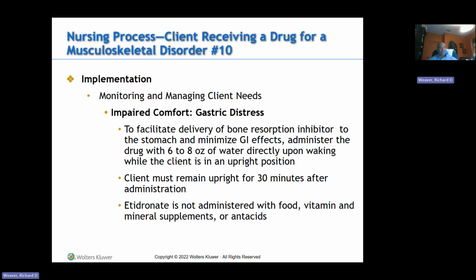So not lying down, but sitting up. Nobody should be eating or taking anything lying down, right? And these clients should remain upright for 30 minutes. This is testable material, folks. Etidronate is not administered with food, vitamin and mineral supplements, or antacids. So it should not be given with anything, it appears.